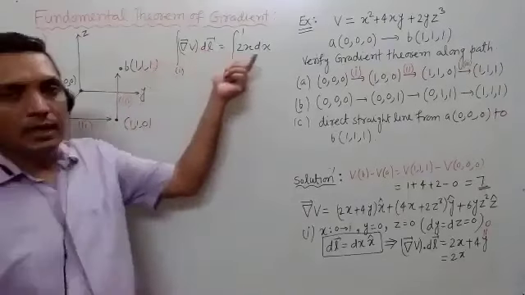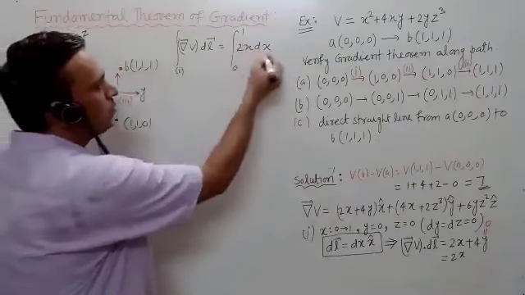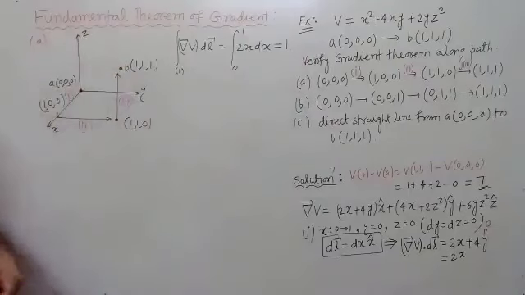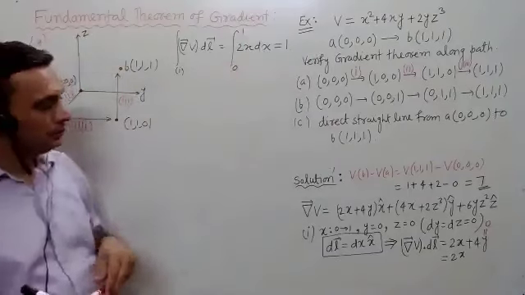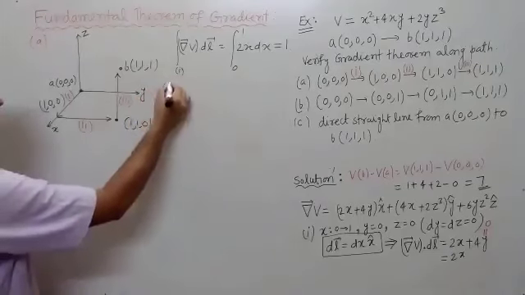This is the line integral over segment 1, gradient v dot dl. So this will give you 1. So that is the line integral along segment 1. Now you can find along segment 2.